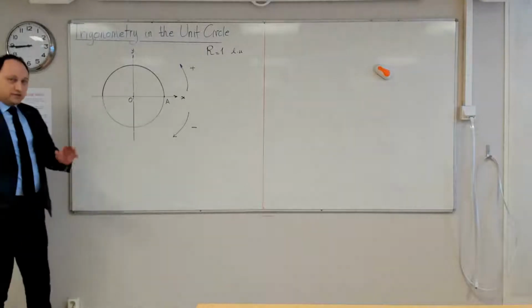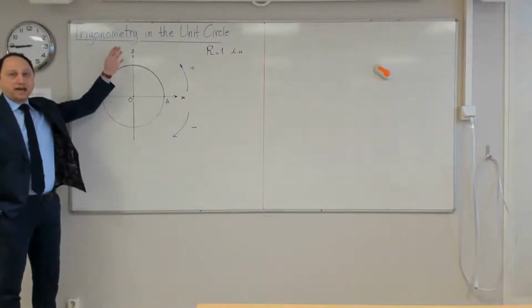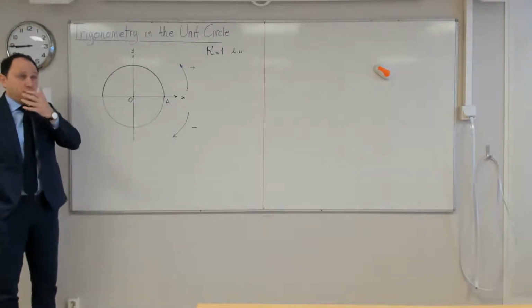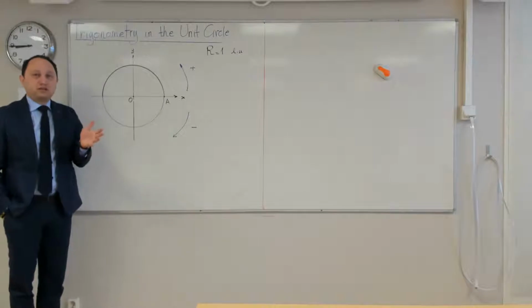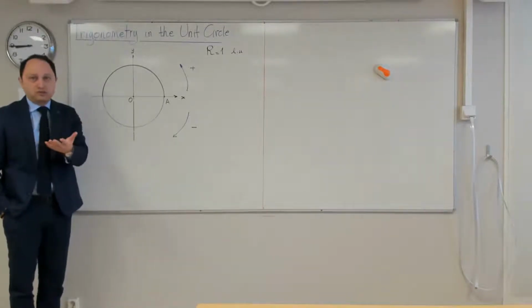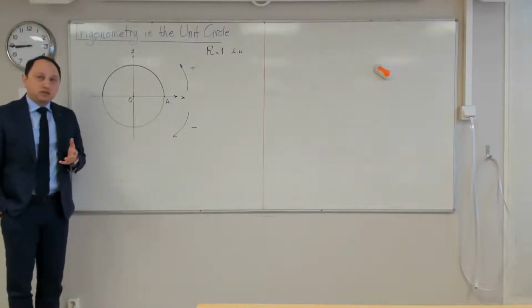I want to talk first about trigonometric angles. In geometry, the lowest possible value for the measure of an angle is 0 degrees and the highest value is 360 degrees, yes? But in trigonometry, we can have any angle that you like.